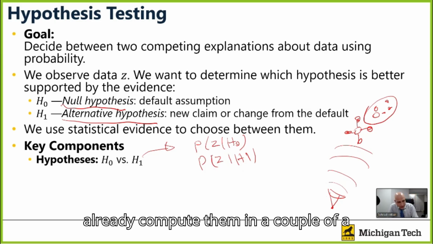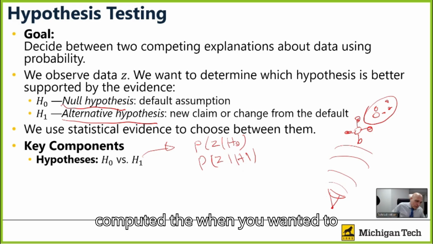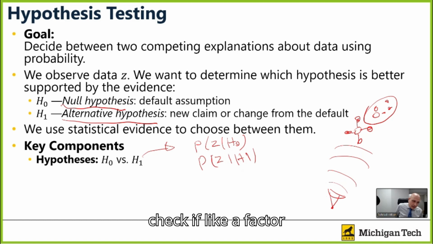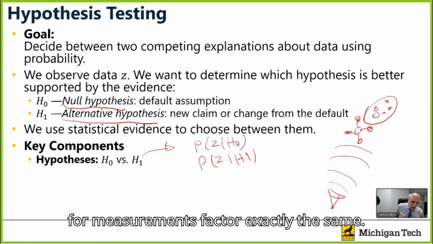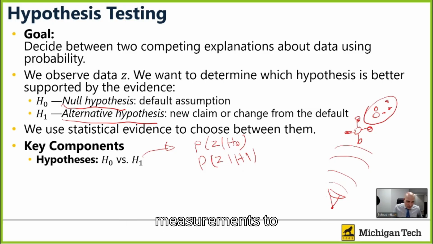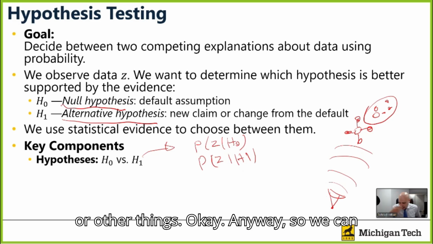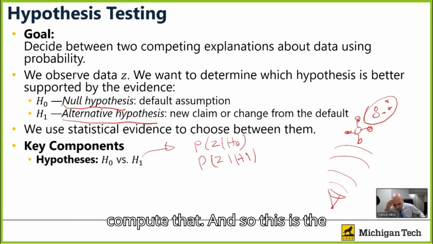So we already computed them in a couple of slides before. For example, when you wanted to check whether the factors for measurements are exactly the same, we used the likelihood of those measurements to decide whether it is a good measurement or not. Okay, anyway, so we can compute that, and so this is the first part.